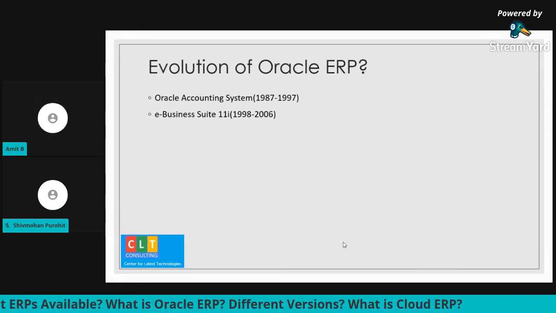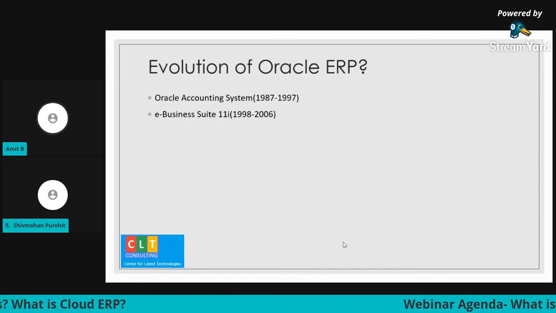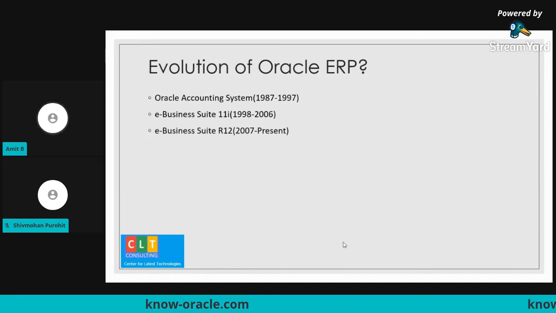As the demand came into the market for different modules and different functionalities, Oracle E-Business also evolved, and the suite R12 was introduced in 2007, and it is still going on for many organizations.